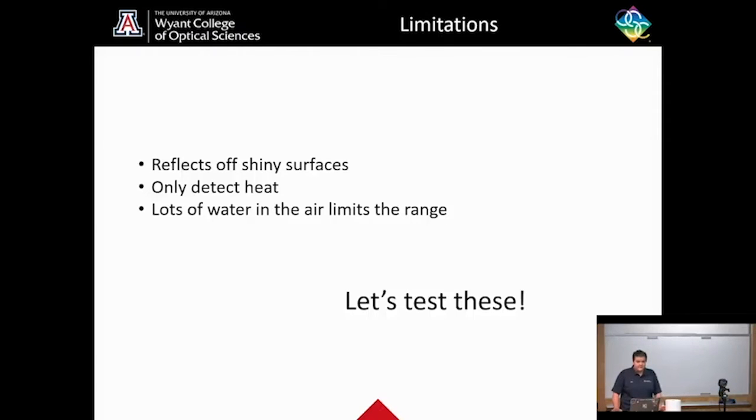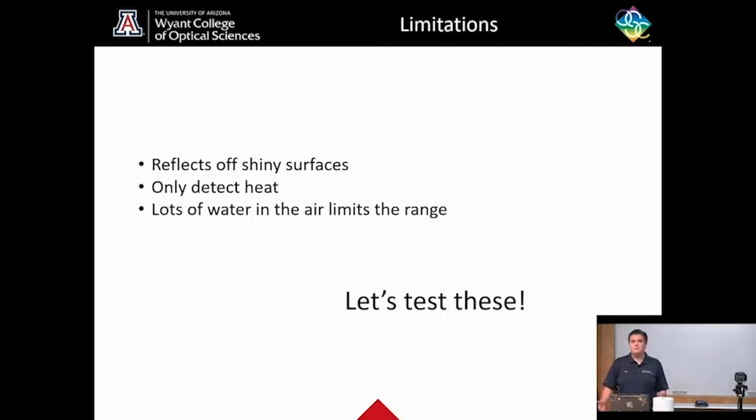But I will emphasize that this does only detect heat. This is not X-ray vision. This does not see behind surfaces. If you have one surface and something behind it, you're not going to see it unless that item is hot enough to heat up the surface that you are measuring. Then you can actually see that temperature change on the surface you're pointed at.